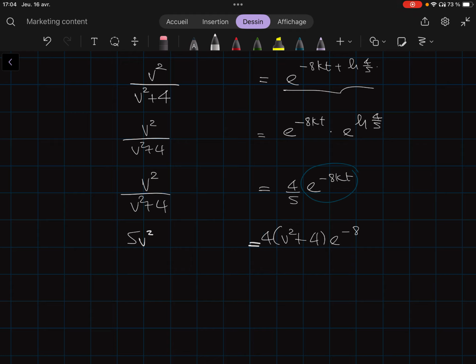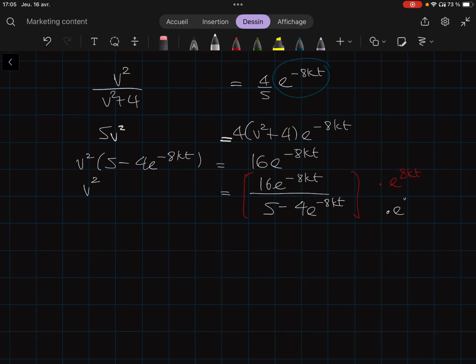And see if it is the form that they're looking for. No. Okay. We want an expression for v, not v squared. We also want the numerator to be a constant. So what we're going to do to this fraction is multiply both the top and the bottom by e to the 8kt. This does not change the value of the expression.